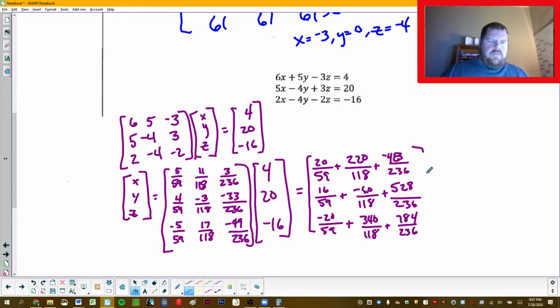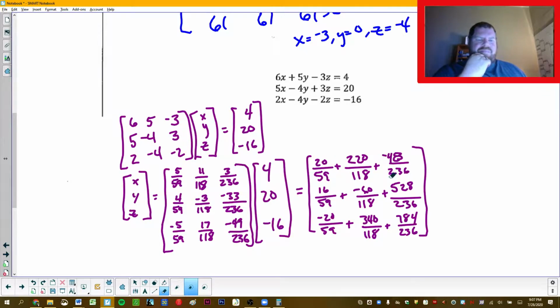Alright, so nobody ever said that we always end on the easy ones. So here's what I'm going to do. 236 is 59 times 4. 236 is 118 times 2. I'm going to turn all these into 236s.